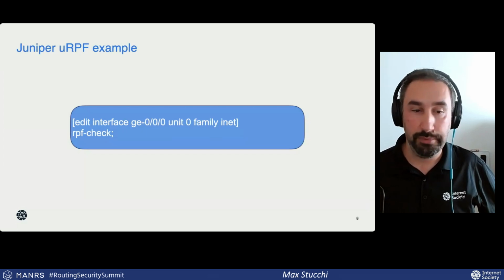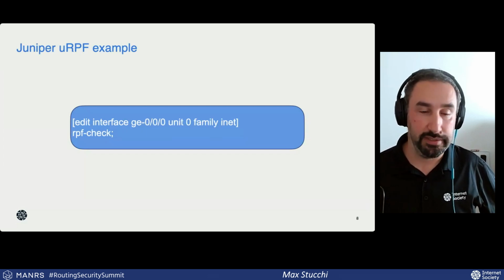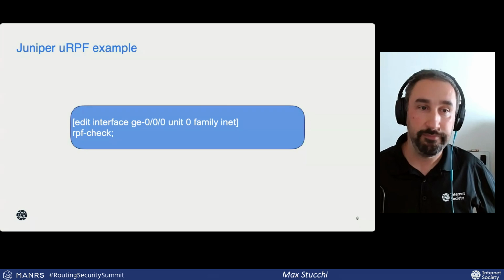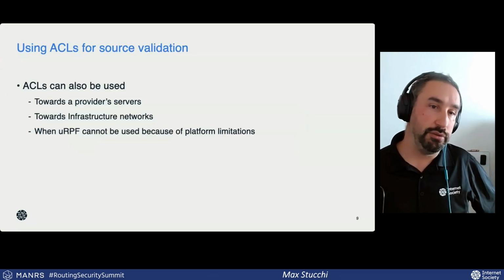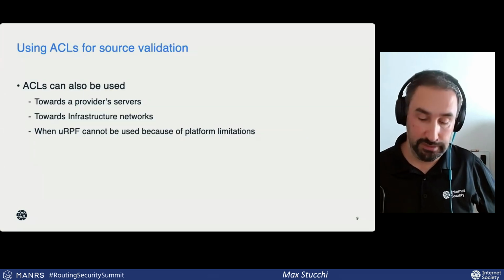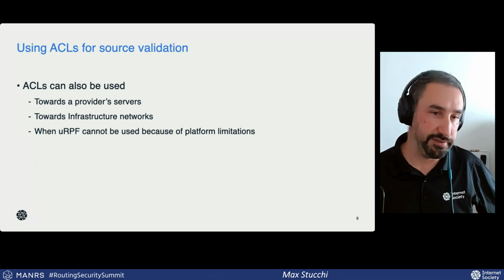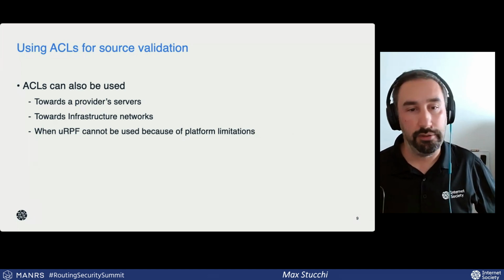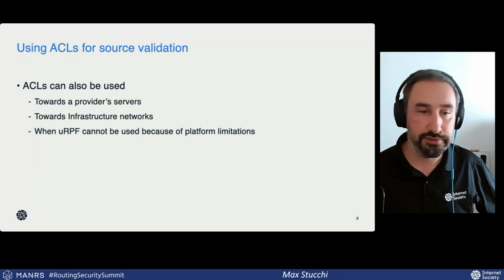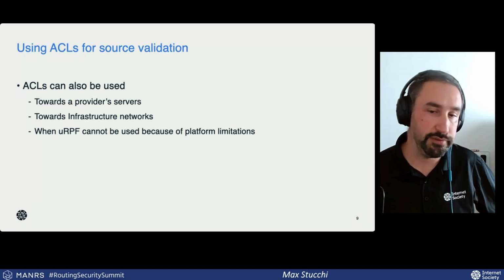You can do it with Juniper. Juniper just has one keyword, RPF check. But another way you could do source validation in this case is using access lists. So you can use them towards servers, towards your infrastructure networks.